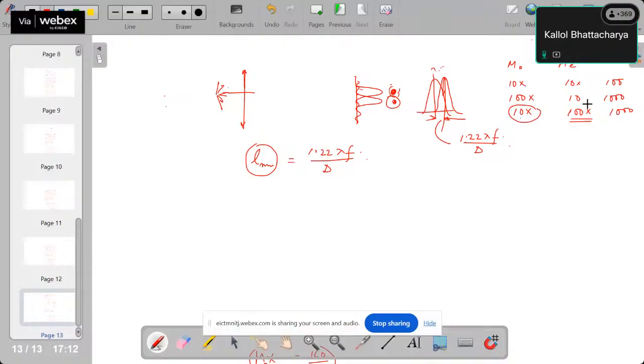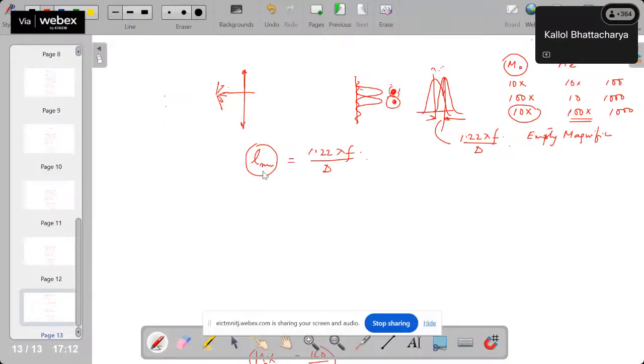And this incidentally is called empty magnification. So the idea is your objective has to resolve the structures. If it doesn't resolve, the eyepiece cannot help. Your objective will resolve the structures and then the eyepiece will magnify it somewhat. Okay?